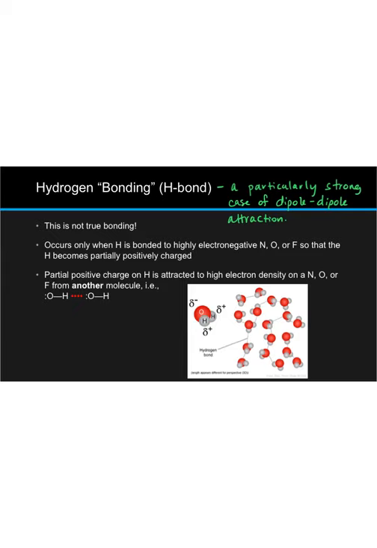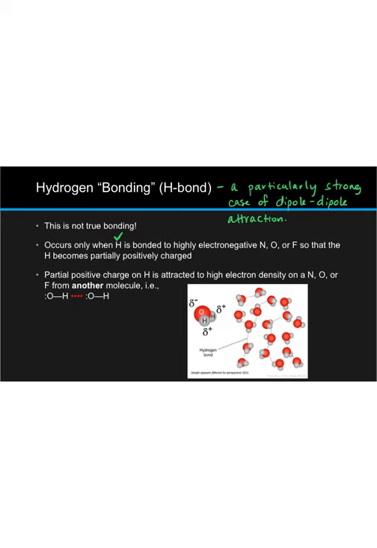Hydrogen bonding is a special case of dipole-dipole interaction that, like its name suggests, involves hydrogen, and specifically hydrogen bonded to one of the most electronegative atoms from the periodic table, namely either nitrogen, oxygen, or fluorine.